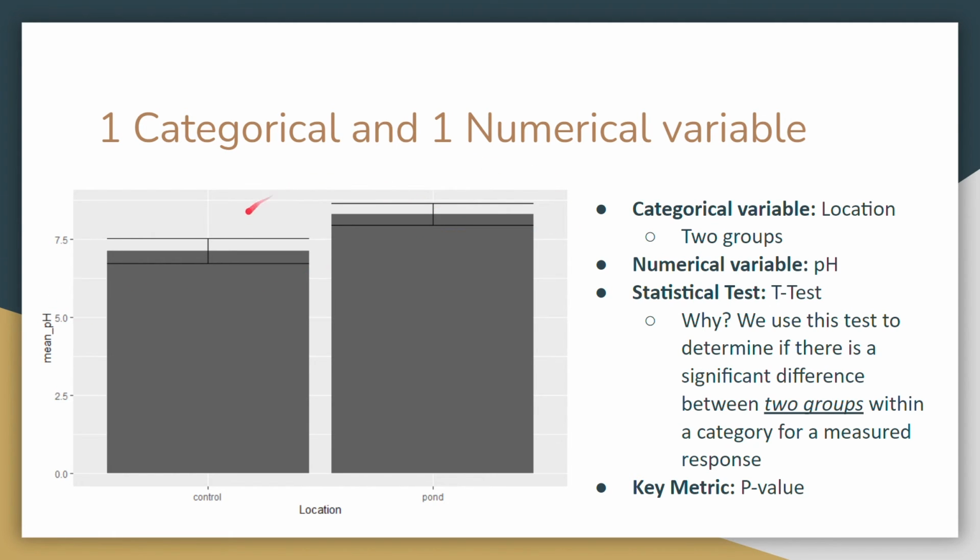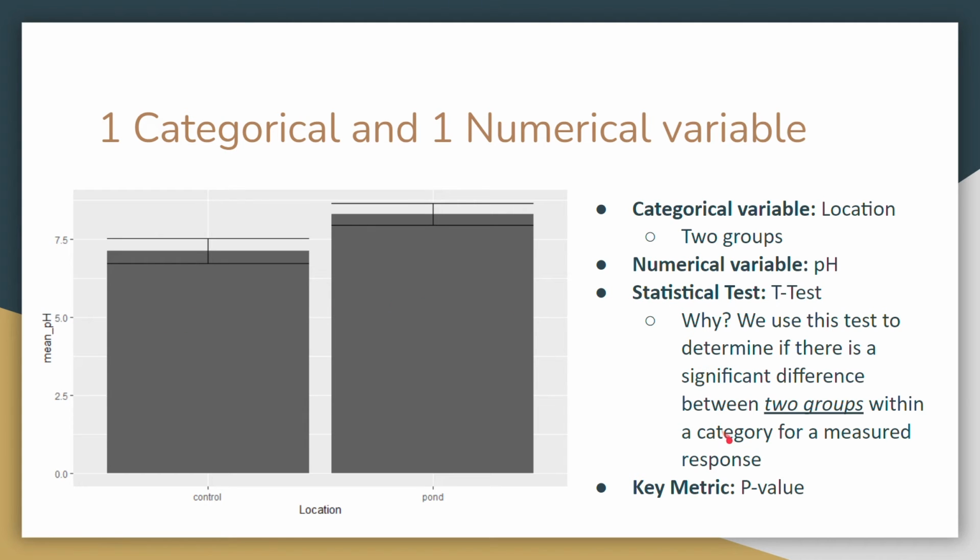And so what we're really focused on here is figuring out what are the differences between the control and the pond in terms of the mean pH. So what we can do is we could use a t-test in order to determine if there's a significant difference between the mean of the control and the pond for the pH value, or that response value.